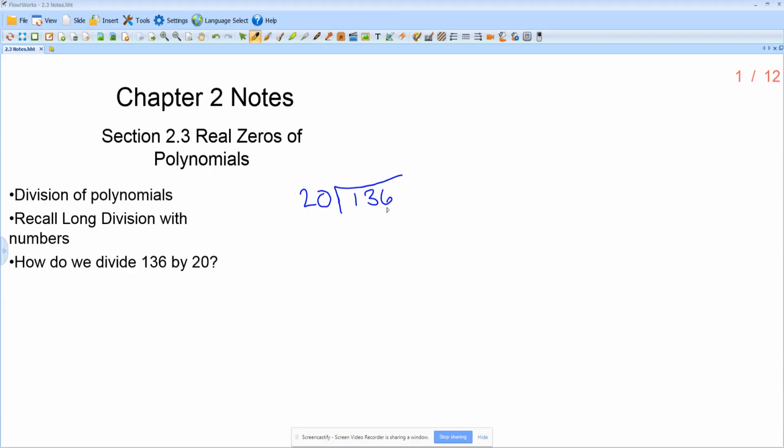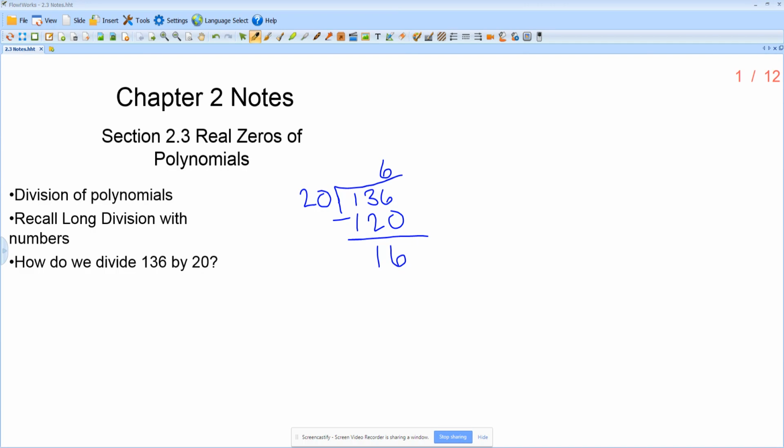How many times does 20 go into 136, which is 6? Or you could be saying, what times 20 is going to give me the largest number down here that I can subtract from and still get a positive? So 6 times 20 gives me 120. And I subtract going down, so I get 16.